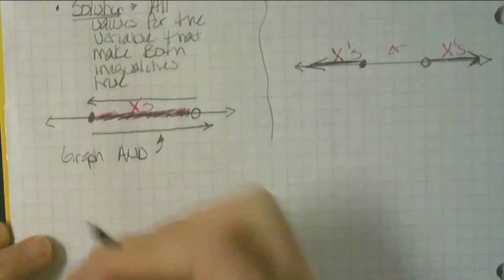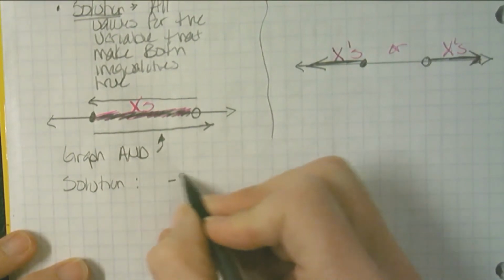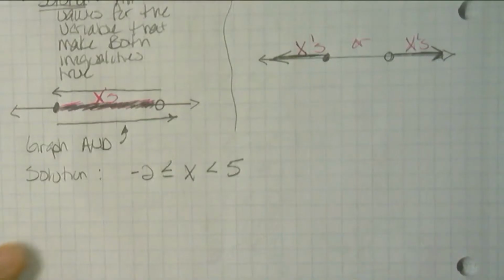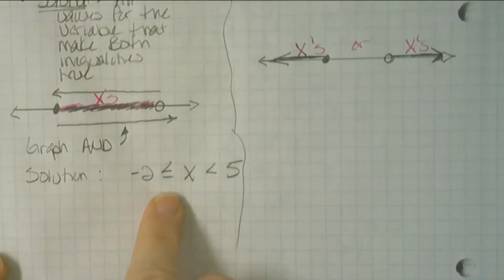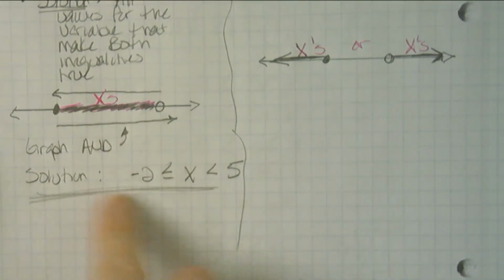From a solution standpoint, an and is going to look like -2 is less than or equal to x, which is less than 5. That's what an and is going to look like for a solution. I mean, that's not what I graphed necessarily, but that's what a solution would look like.